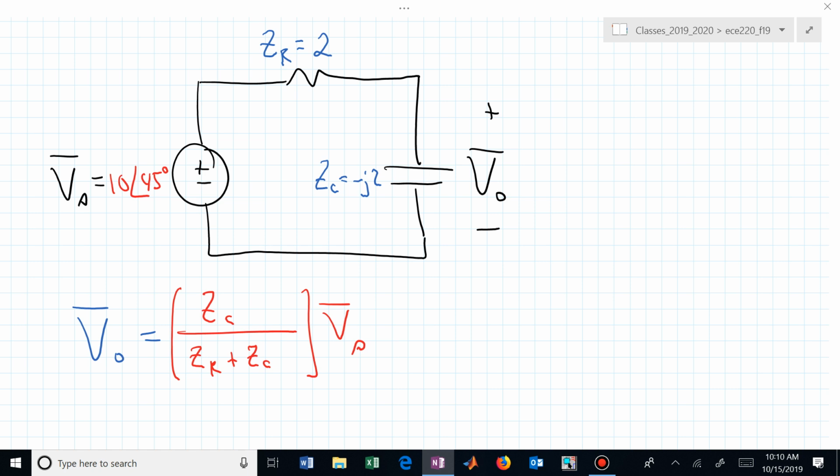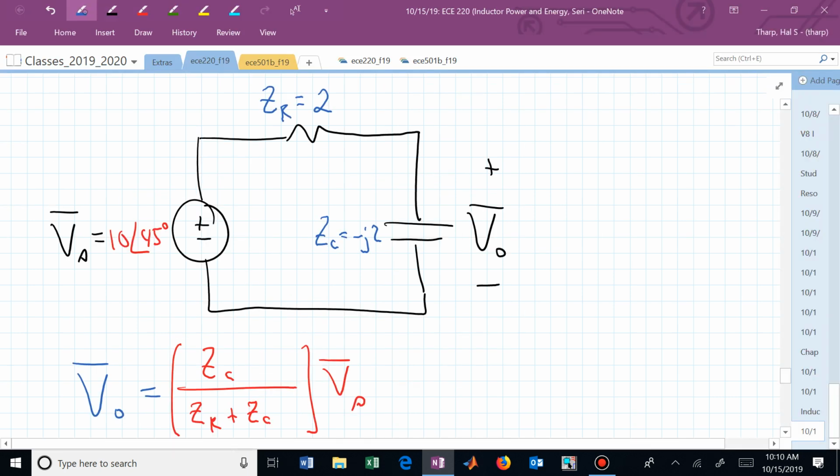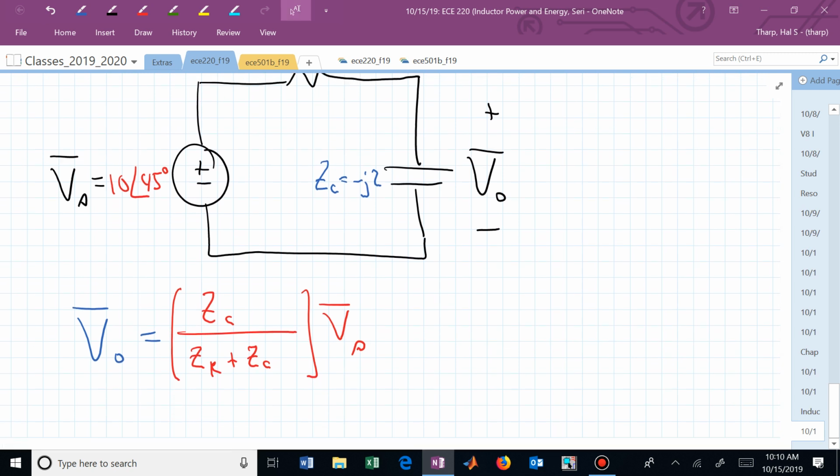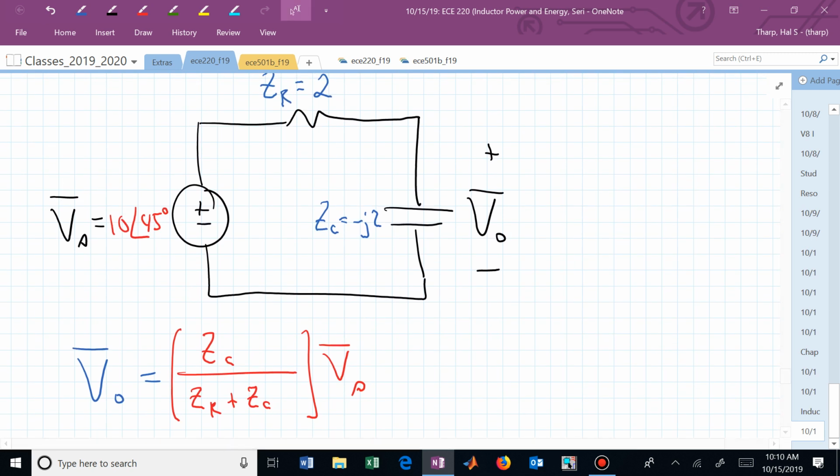That's what you know from what we've done so far this semester. That's a voltage divider. That's V sub 0 bar. Now, here's the step that you have to be able to perform in 48 hours, is the complex algebra.